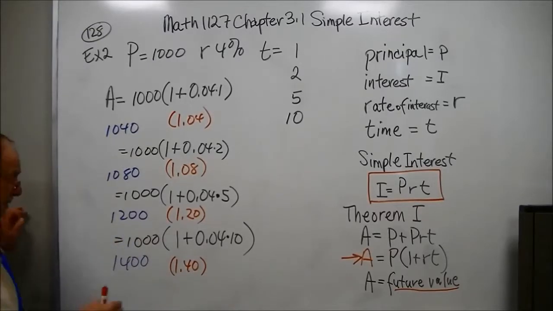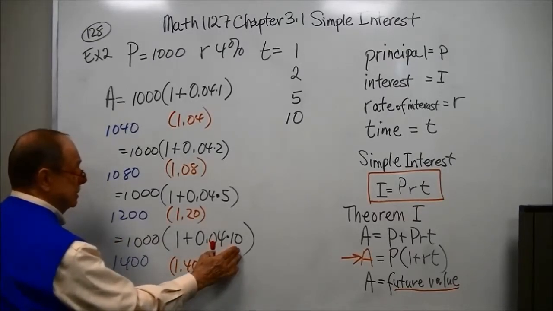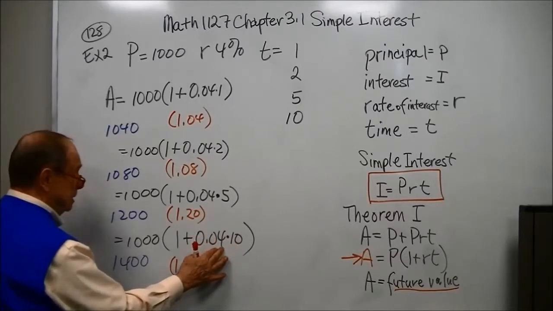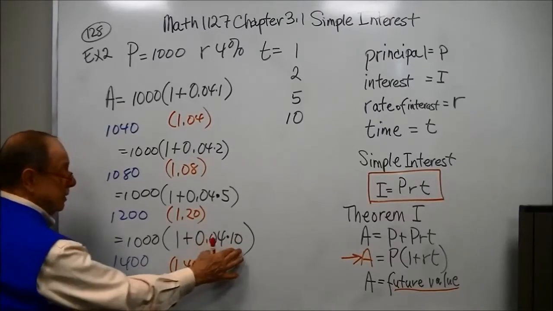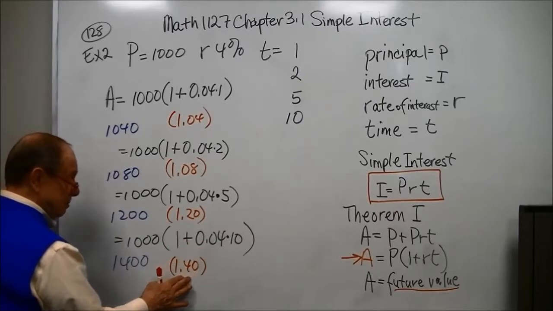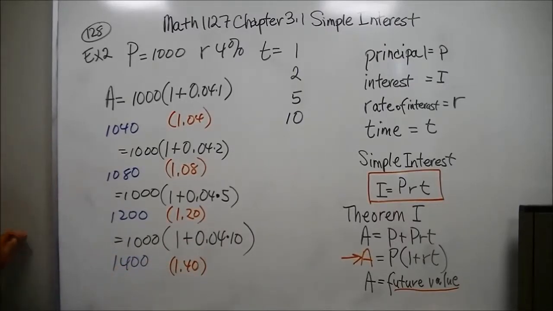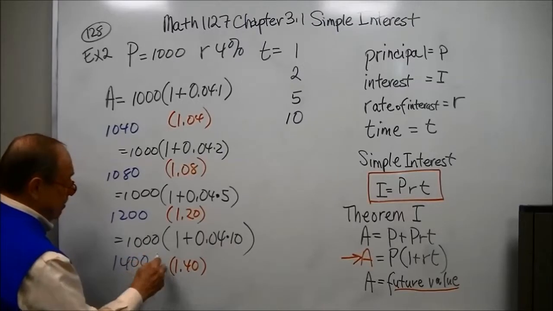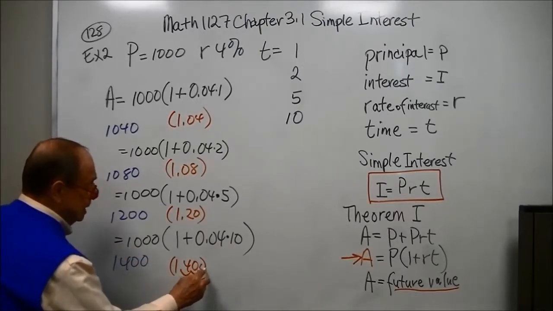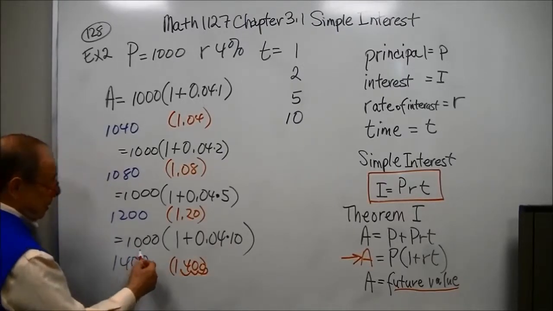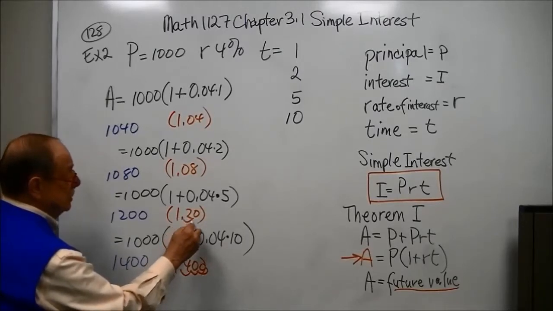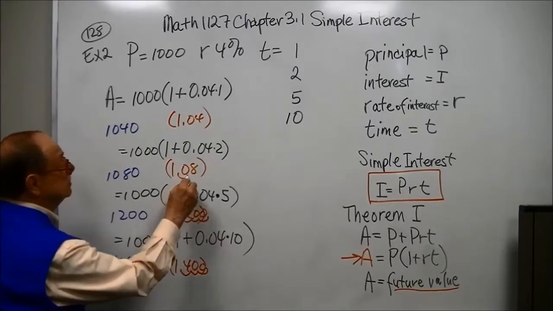And after 10 years, at 4%, this part of the equation becomes 1.40, and this is $400, 1,400. Theoretically, all you need to do, since you're multiplying it by 1,000, is just move the decimal place over 3 places in each of these answers, by the way.